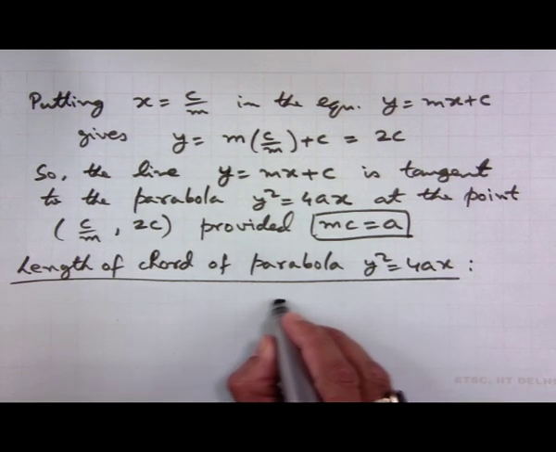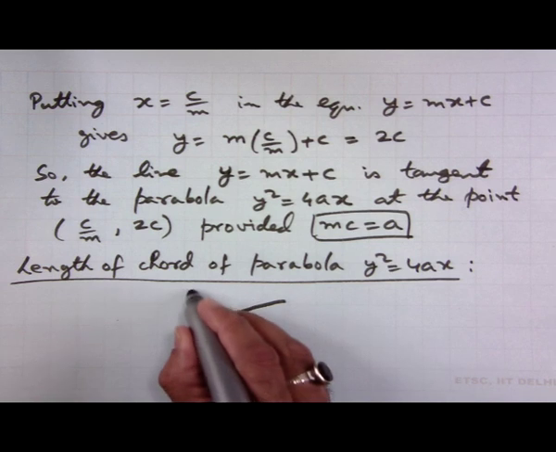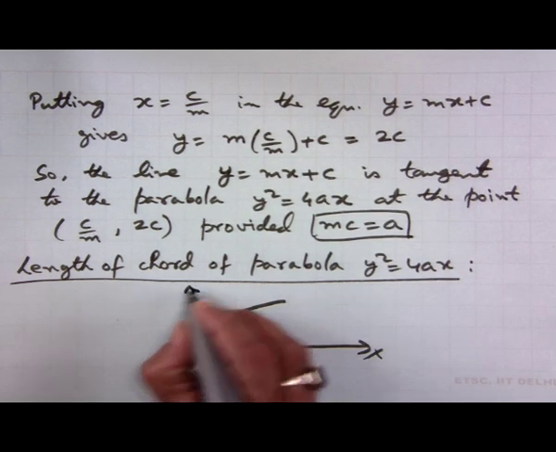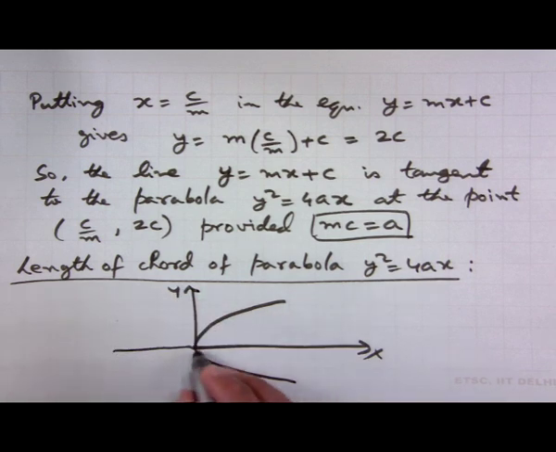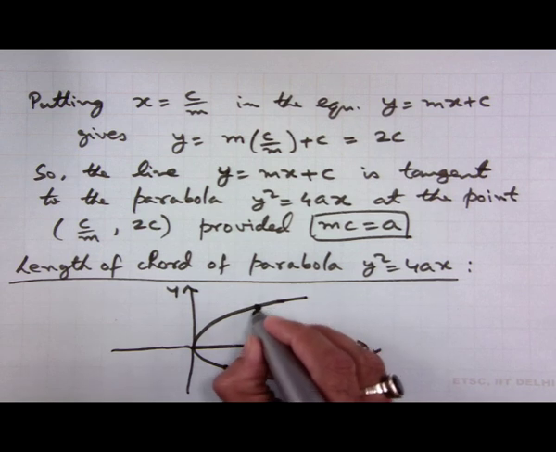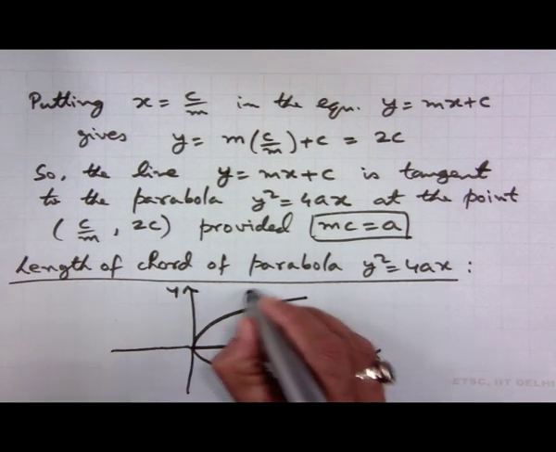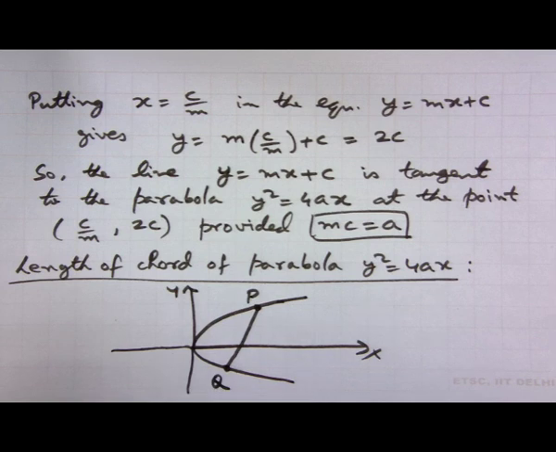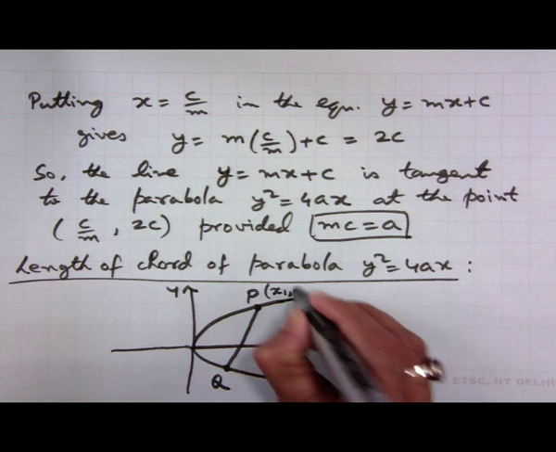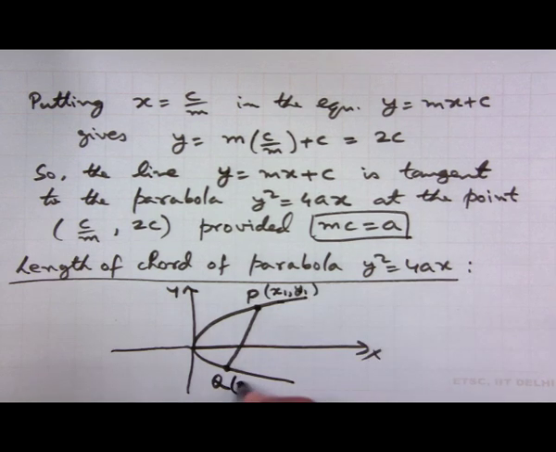So, if we have this parabola y square equal to 4 a x, and if we take any 2 points on this parabola, what is the length of this chord P Q? Suppose P has coordinates x 1, y 1 and Q has coordinates x 2, y 2.